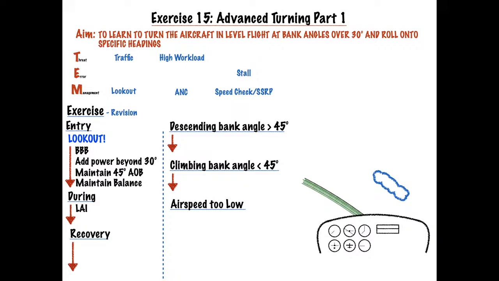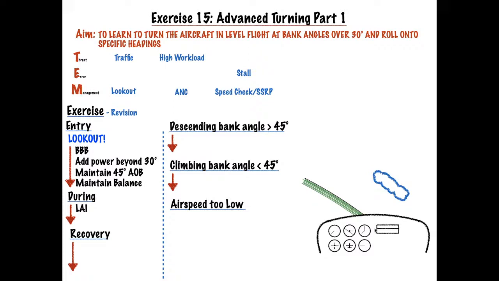So while we're turning, we're used to this: lookout, attitude, instruments. So we're looking out for traffic. We're making sure the attitude is the same, so the angle between the coaming and the horizon stays the same, and that we've got the same height above or below the horizon.